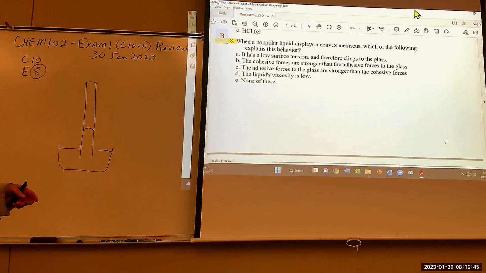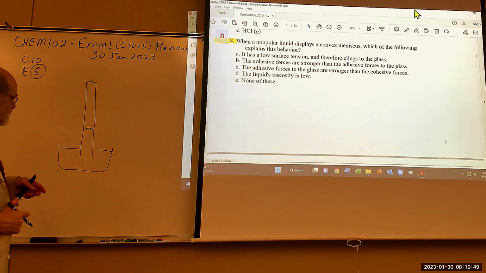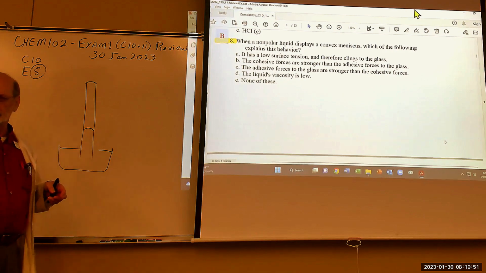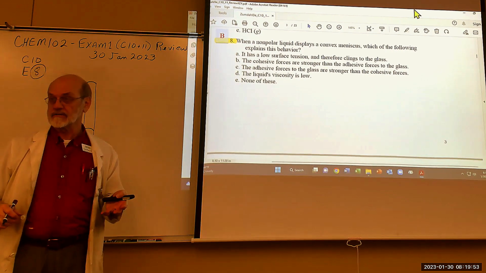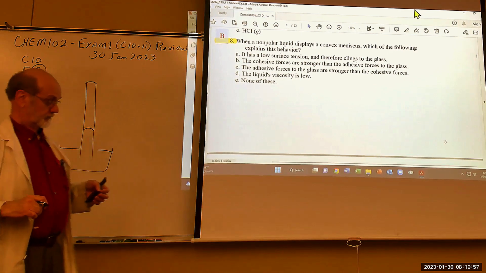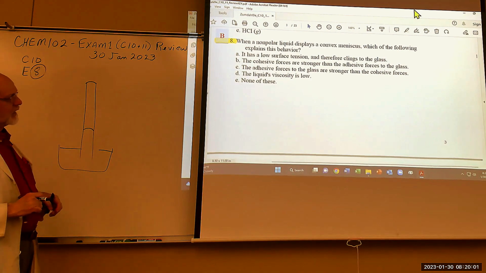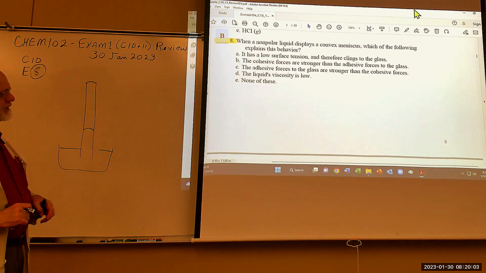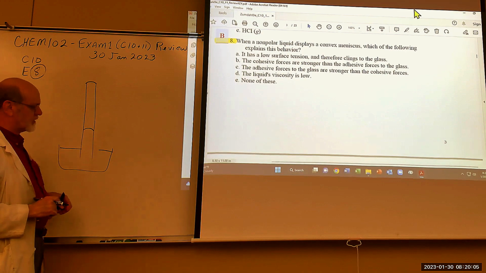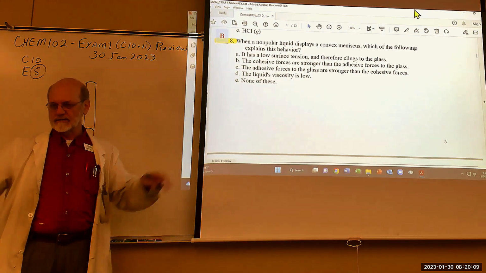Which of the following explains the behavior? It has a low surface tension and therefore clings to the glass. Surface tension, remember surface tension? I don't think that explains it. Low surface tension means that it would flow easily.